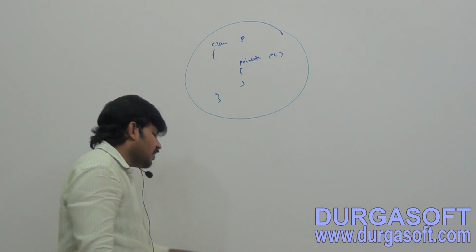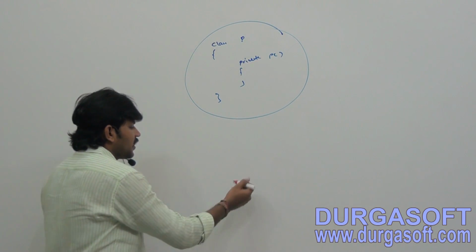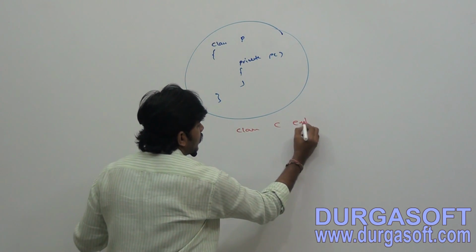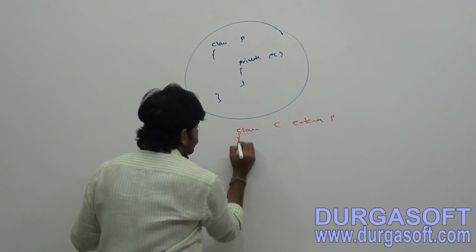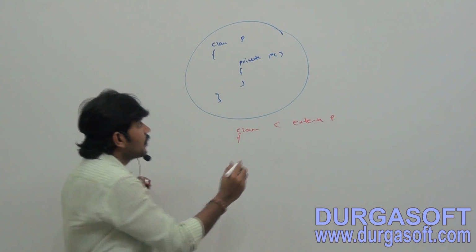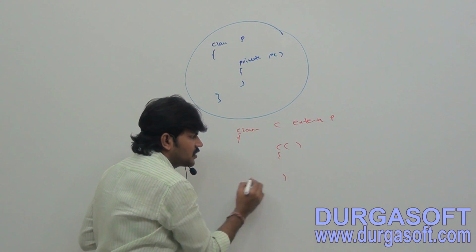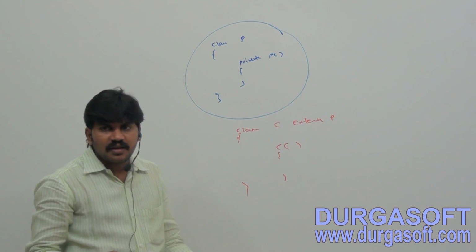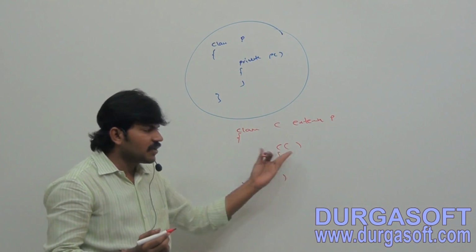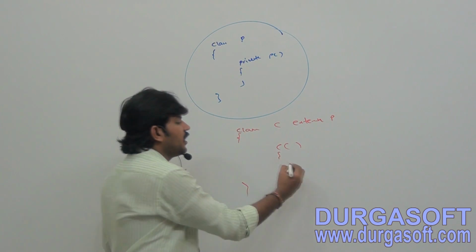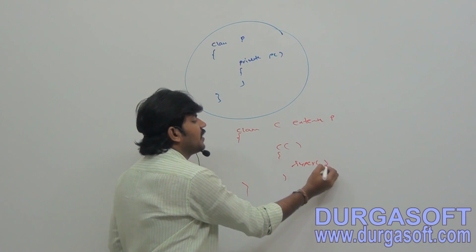Simple, observe this one. I am taking class C extends P. Here, a constructor will compulsorily be there; if you are not writing it, the compiler will generate it. Compulsorily in a child class, somewhere the super keyword must be there.